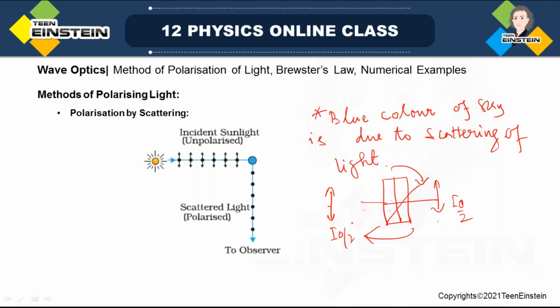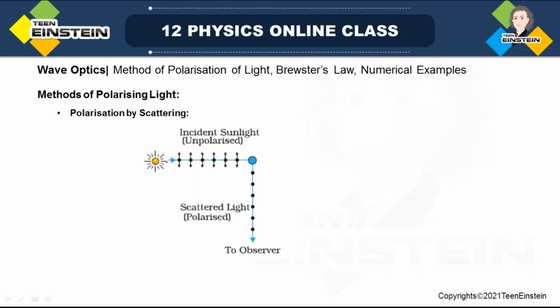So this is happening due to polarization. As you look at this figure, suppose the sunlight is coming to our atmosphere as unpolarized light. Any natural source, the light coming out from it is unpolarized in nature, so sunlight also is unpolarized.